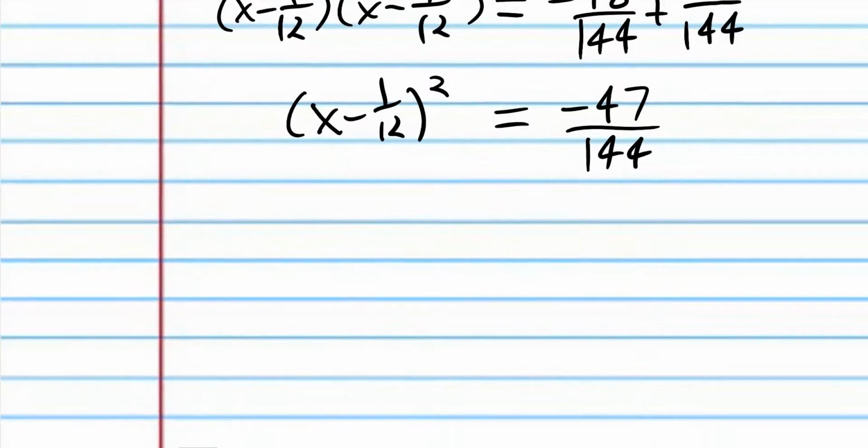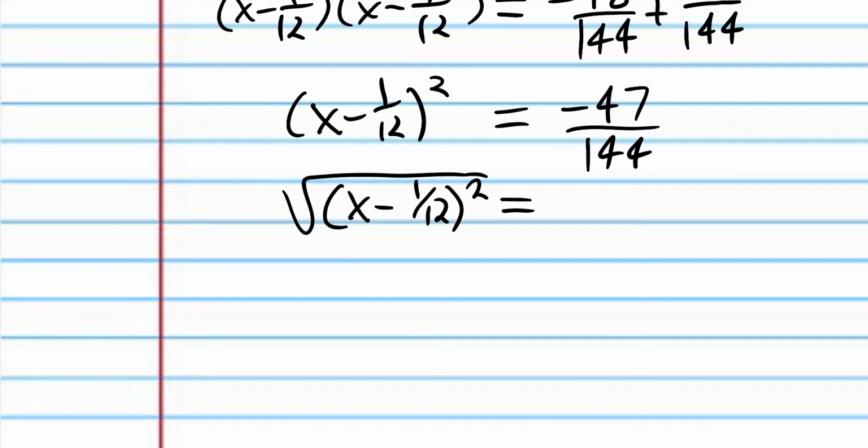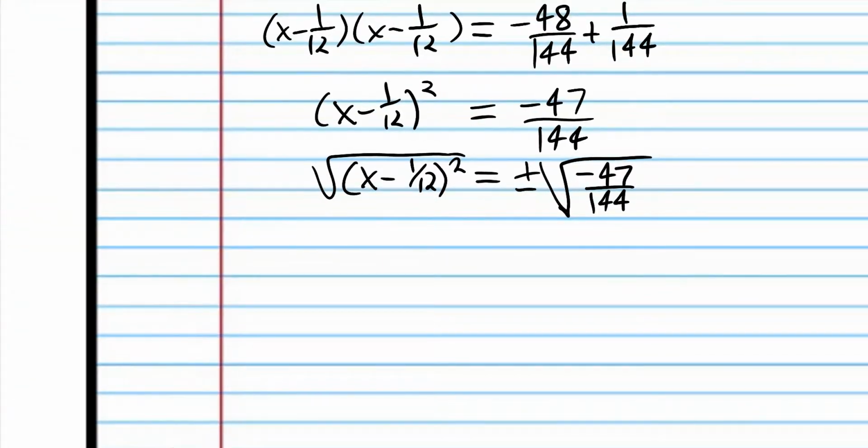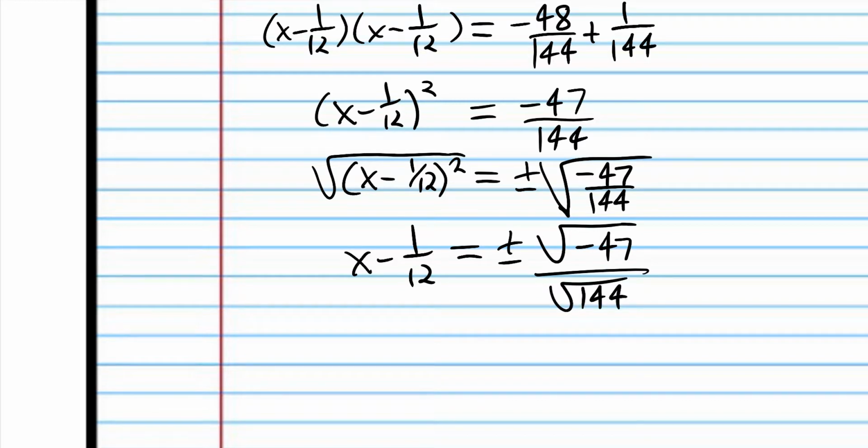And now we're ready to get rid of that power. Square root both sides. And x minus 1/12 is equal to plus or minus square root negative 47 over square root 144.